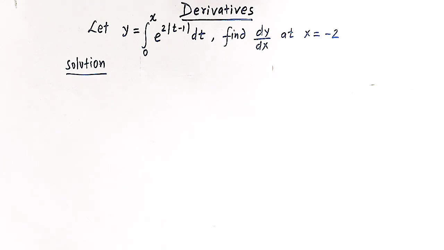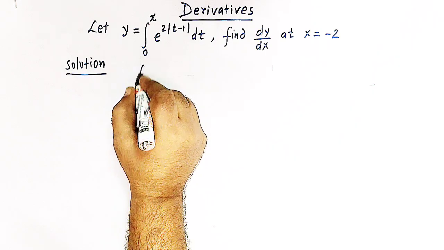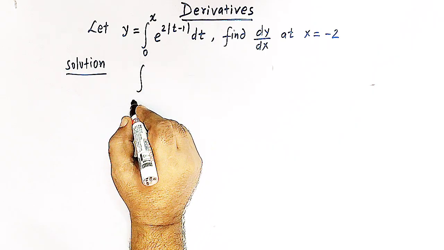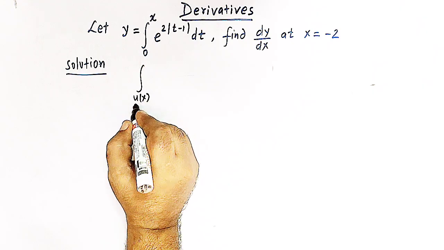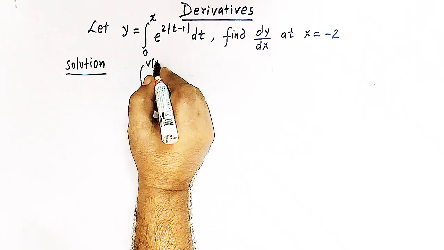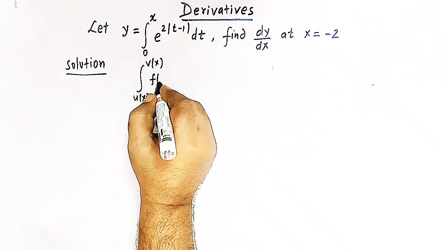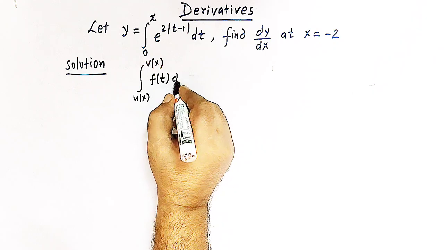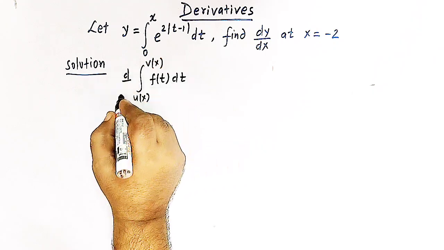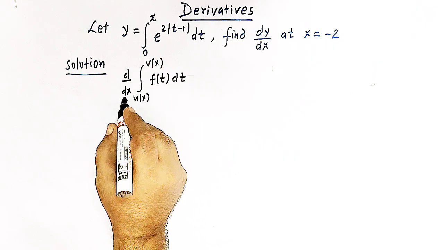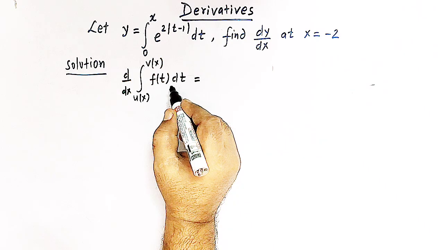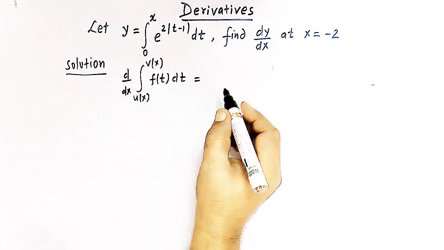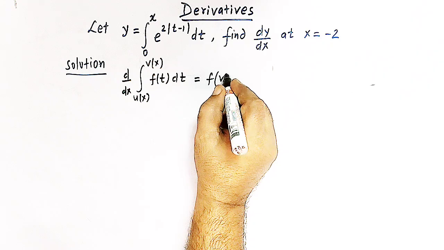So let us start. Leibniz integral rule says that if we have an integral in which the lower limit and the upper limit are functions of x, let us take the lower limit as u of x and the upper limit as v of x, and we have a function f of t dt, and suppose we want to differentiate this integral with respect to x. The derivative of this definite integral with respect to x is given by f of v of x.